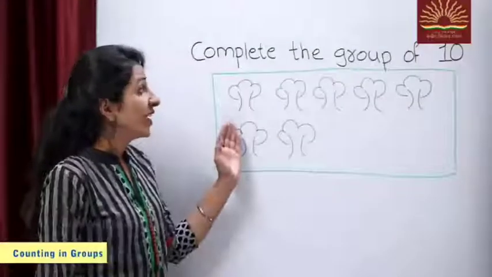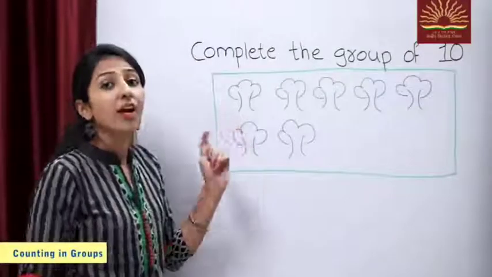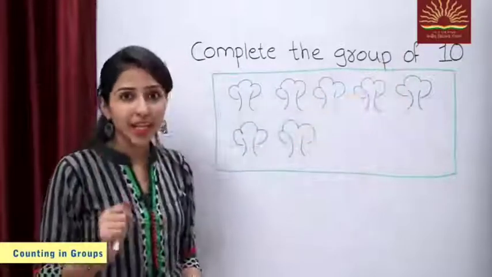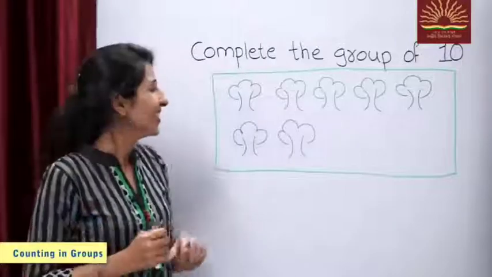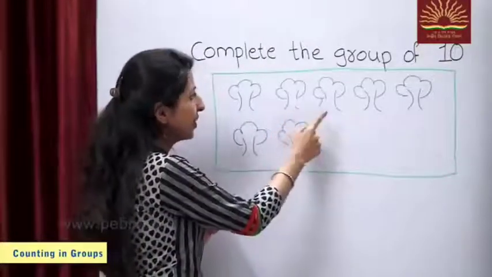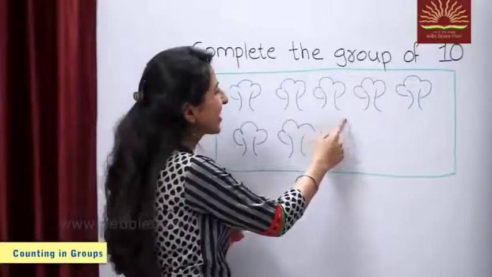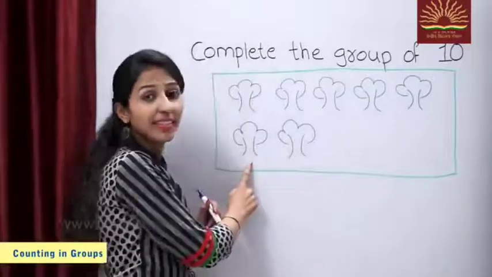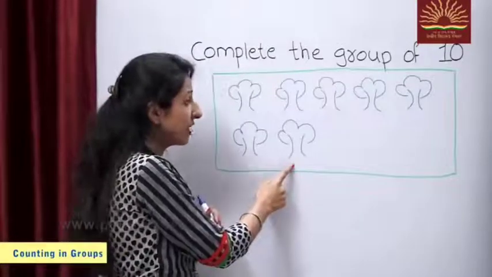There are some trees on the board. We have to complete the group of 10. So let's count the number of trees. 1, 2, 3, 4, 5, 6 and 7.